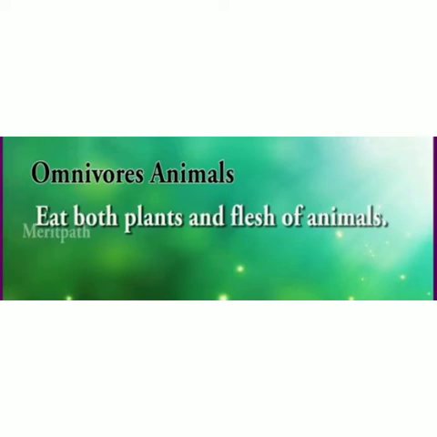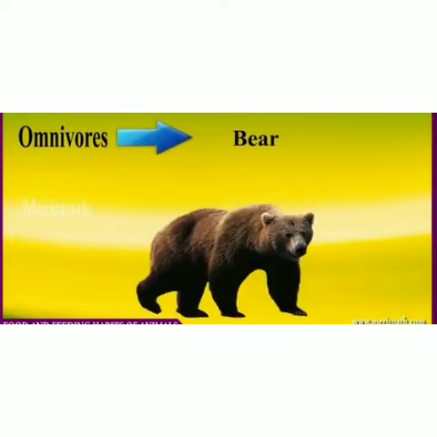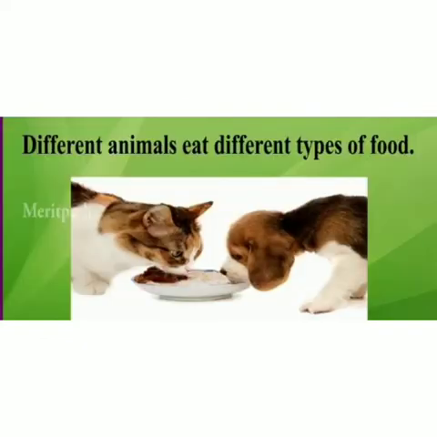Omnivorous animals eat both plants and flesh of animals. Examples: crow, which eats both plant products and the flesh of animals, and also the bear. And we, the human beings, eat both plants and flesh of animals.